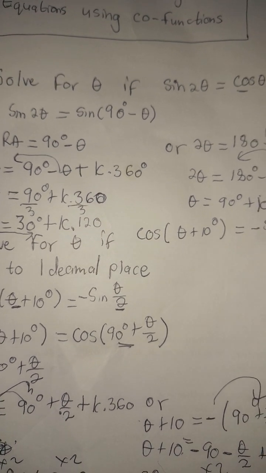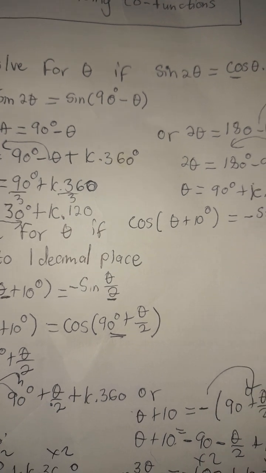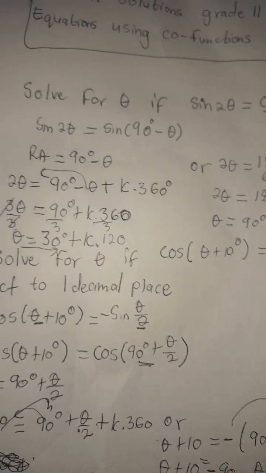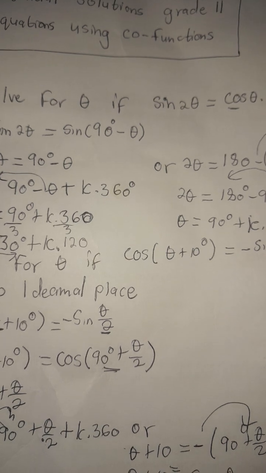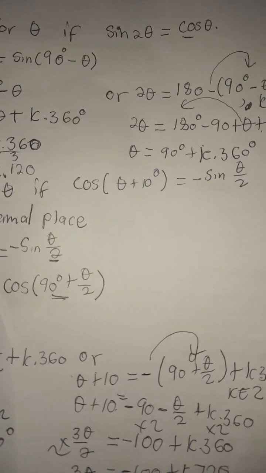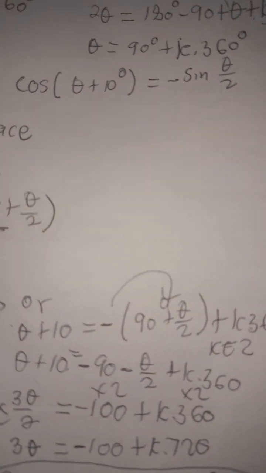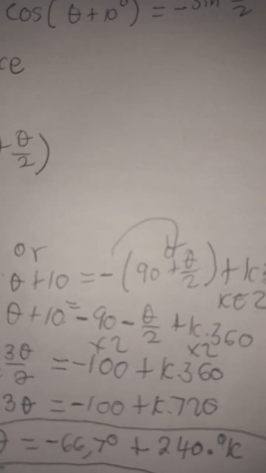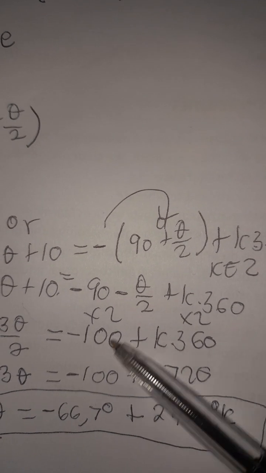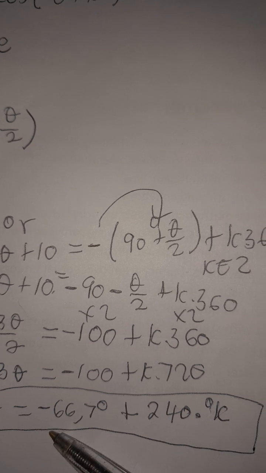Well, in this video, guys, we will be looking at a general solution where sine theta is equal to cos theta. When I left my previous video, I left it where I was calculating theta as negative.